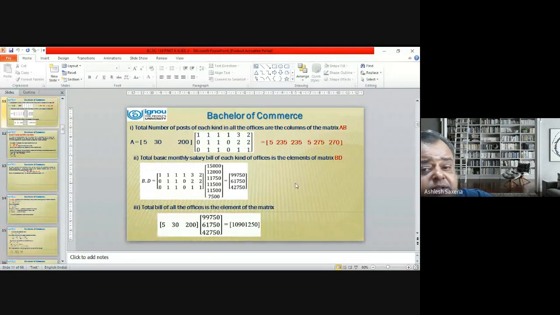These are the number of posts and this is the amount. This is 1 by 3 and this is 3 by 1, so your answer will be 1 by 1. That means we multiply 5 by 99750 plus 30 into 61750 plus 200 into 42750. We are going to get a single element. This is how matrix multiplication is performed and how the data is transformed into matrix form.